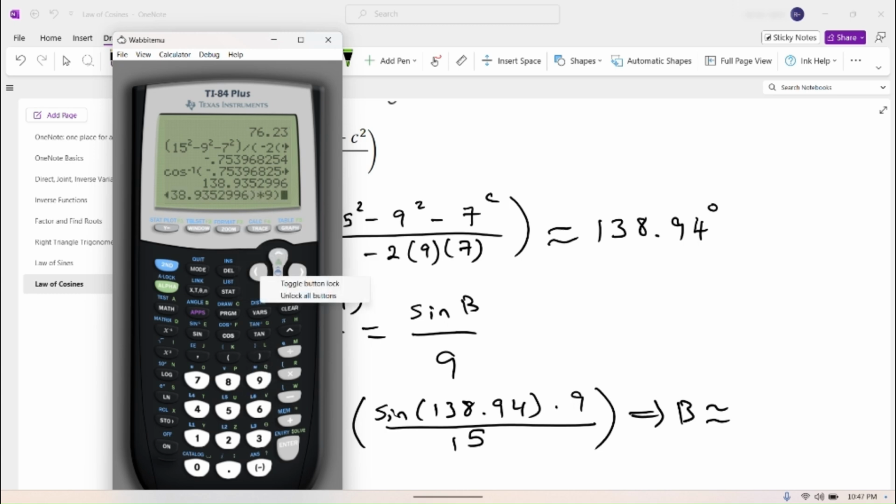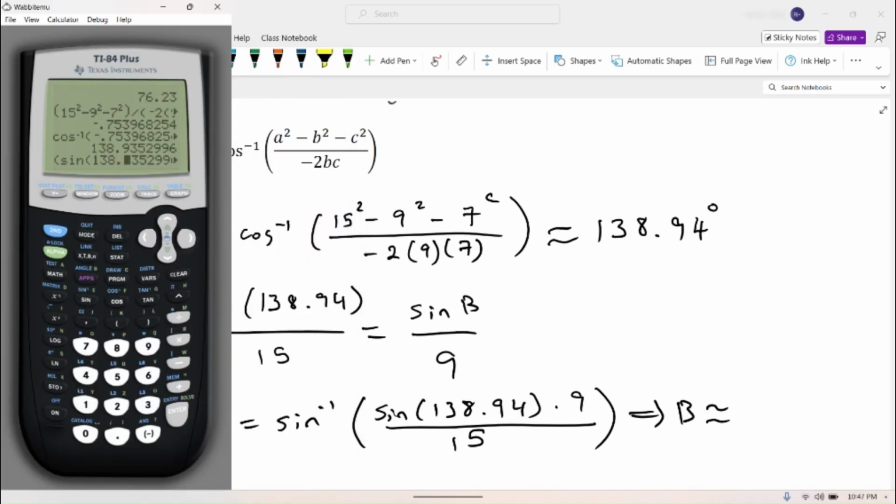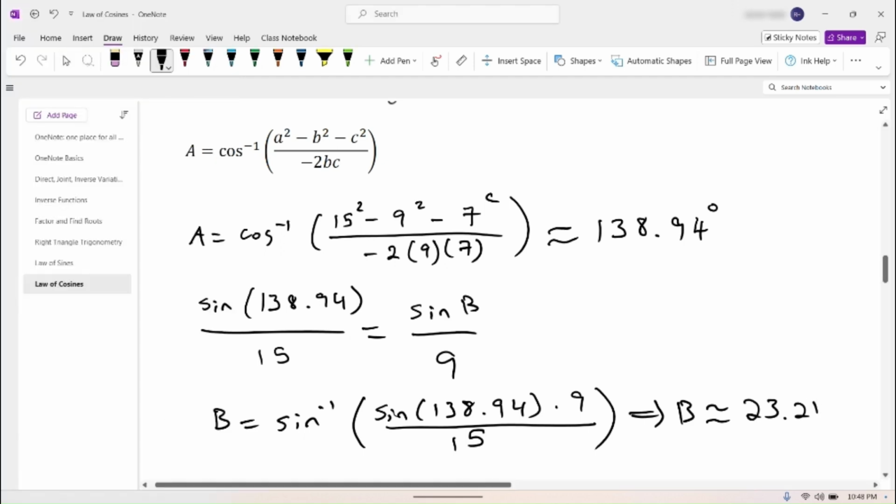And let's go to the beginning and do an insert like that. So this is divided by 15, and then take the inverse sine, and we get B is 23.21. 23.21 degrees.